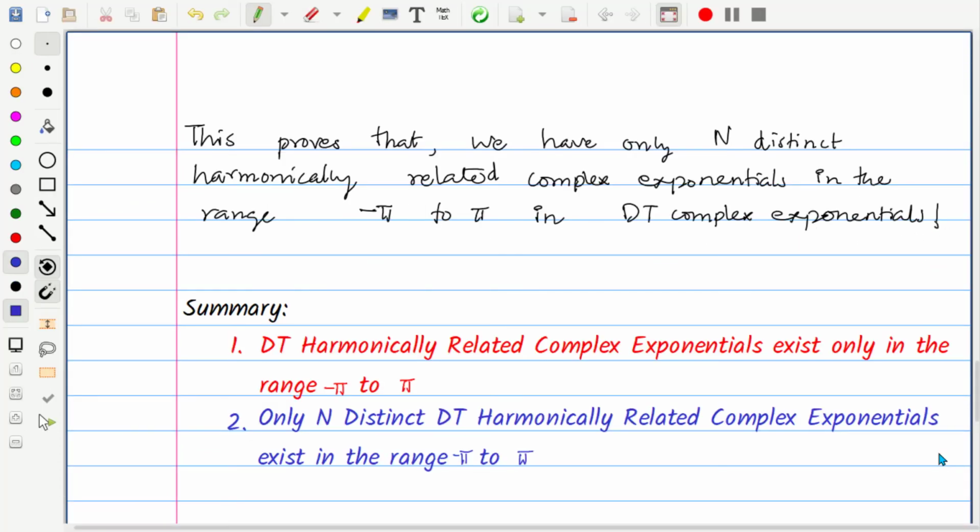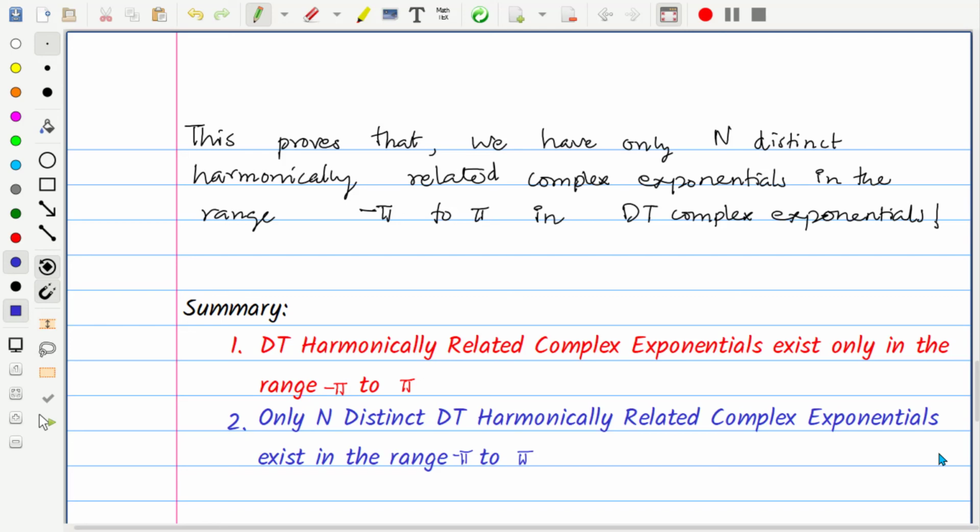So two things we have summarized here. One is that harmonically related complex exponentials exist only within the range 0 to 2π, after which they repeat. The second point is that these harmonically related complex exponentials are finite.